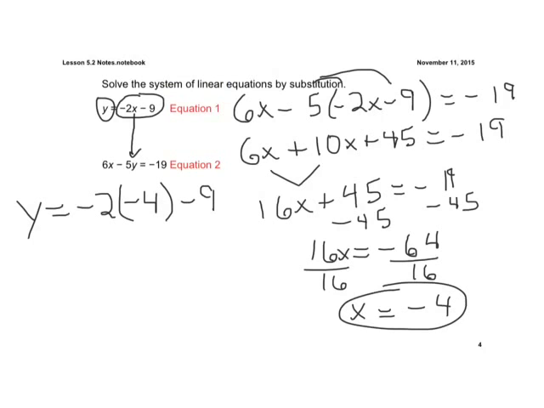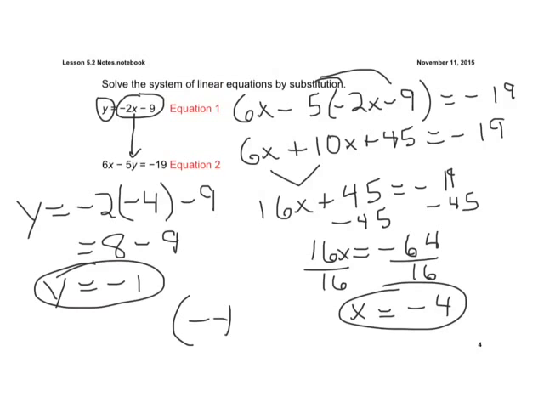Order of operations. Multiplication first, so negative and a negative is a positive 8 minus 9. So y is equal to a negative 1. We have our x coordinate, we have our y coordinate. Let's write it as an ordered pair. That is our solution to that system of linear equations. If we were to plug in for x and y, they would check out. They would equal each other.